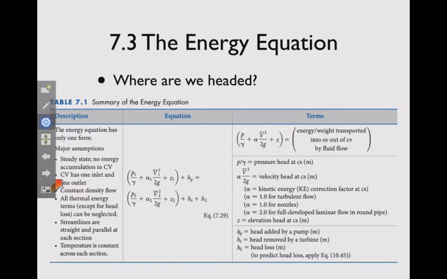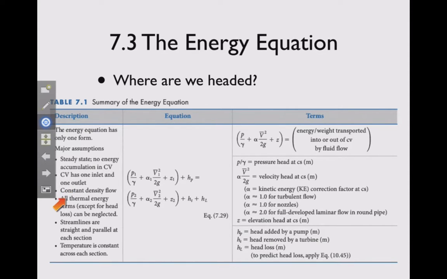Another key component is that the control volume only has one inlet and one outlet. And so that's a restriction on this particular formulation of the energy equation. But there are a lot of problems that we can solve with that. We can have a pump at one inlet and a turbine at the outlet, for instance.